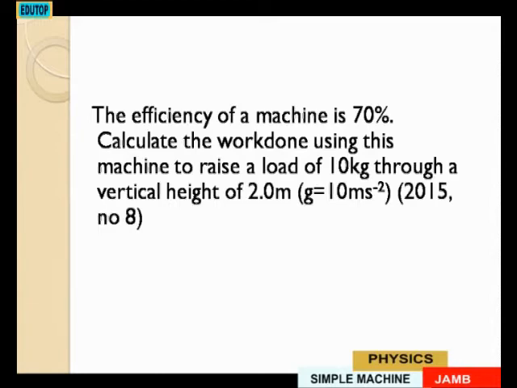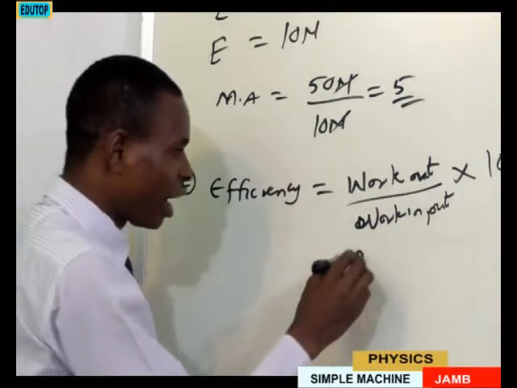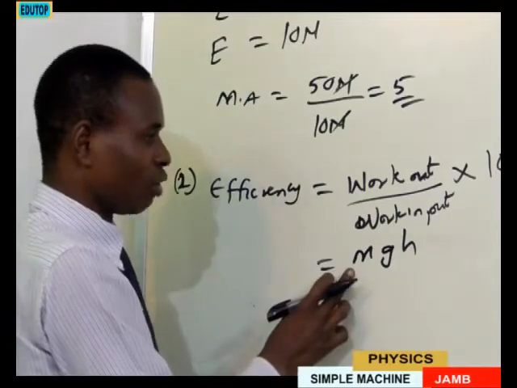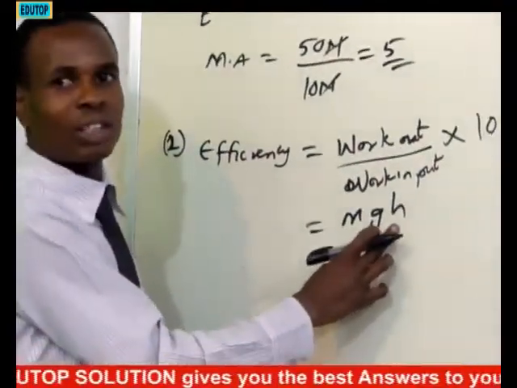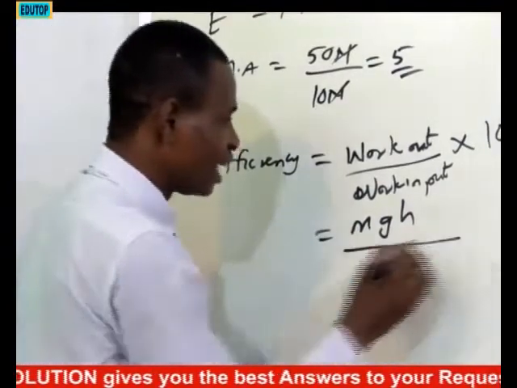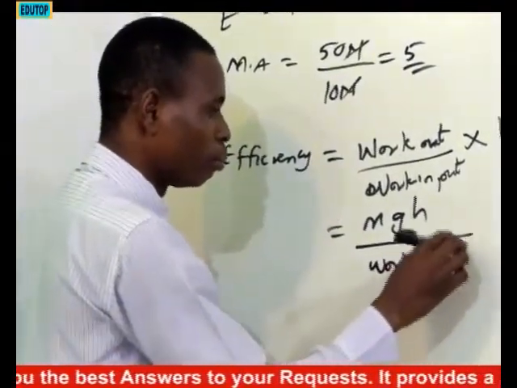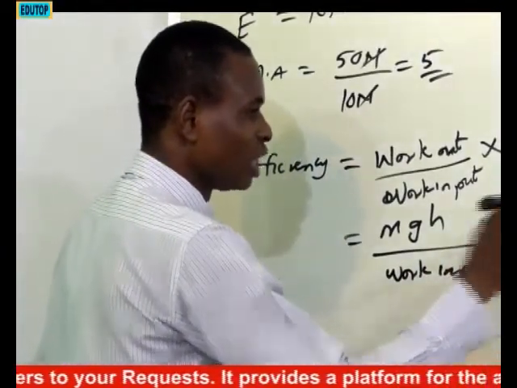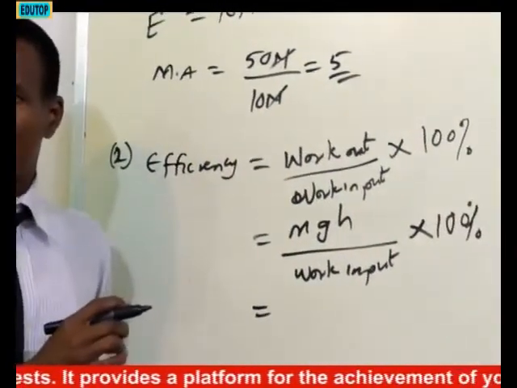We are going to have the work output will be equal to mgh, the mass of the body, acceleration due to gravity, and the height covered, divided by the work input times 100%. And let's have the values given to us.